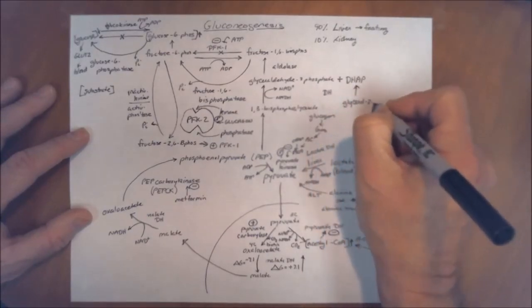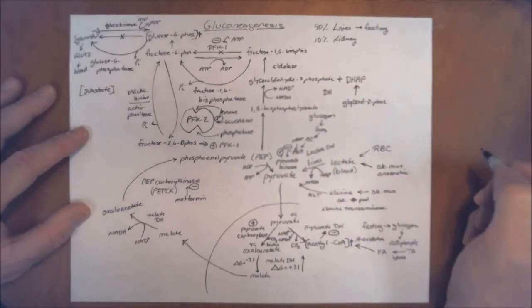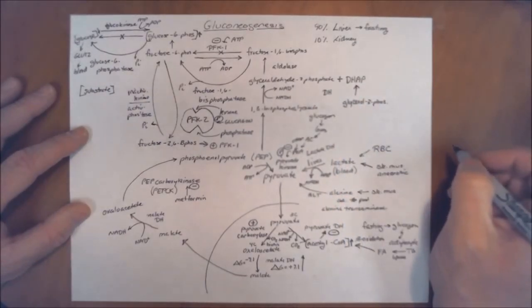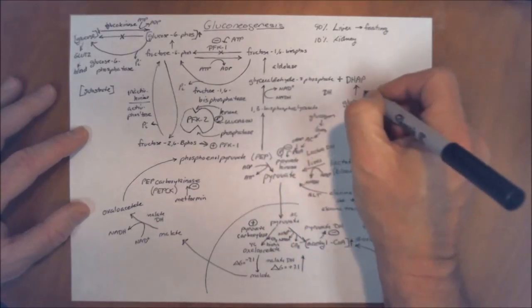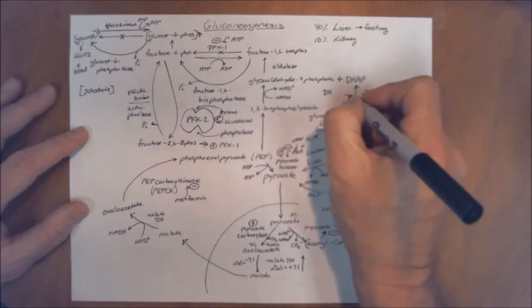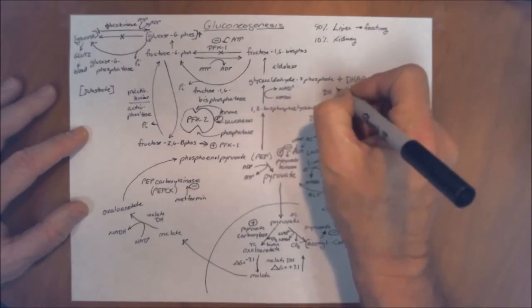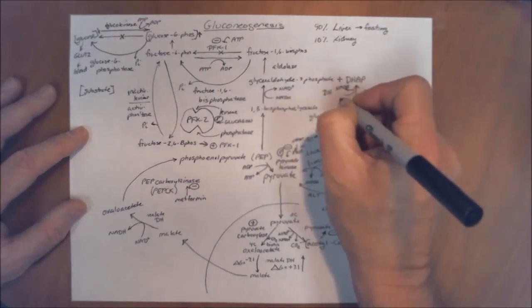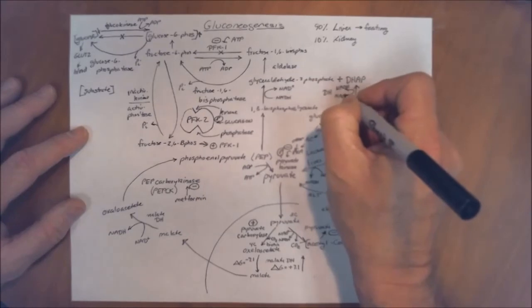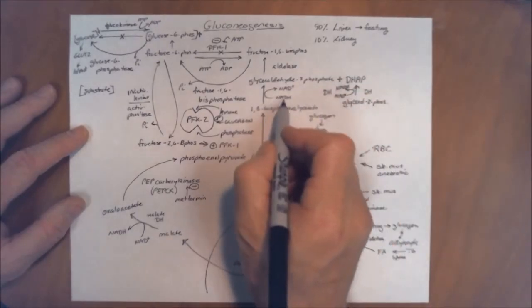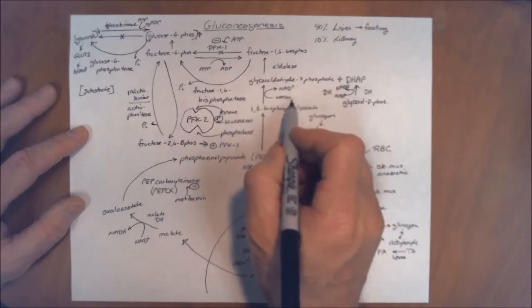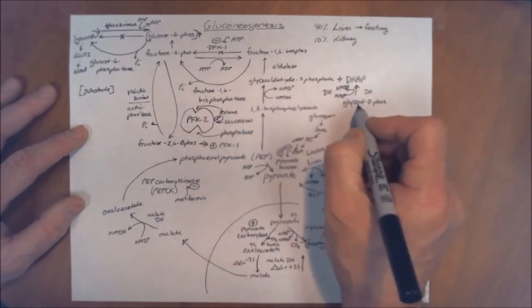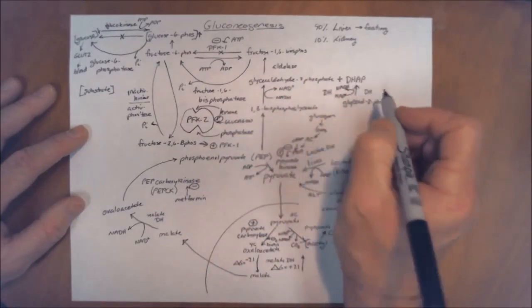The source of this is glycerol 3-phosphate. The glycerol 3-phosphate, by the glycerol 3-phosphate dehydrogenase enzyme, is a redox reaction that will generate NAD that we'll need for the reverse glyceraldehyde 3-phosphate dehydrogenase reaction. But this reaction here will supply DHAP.